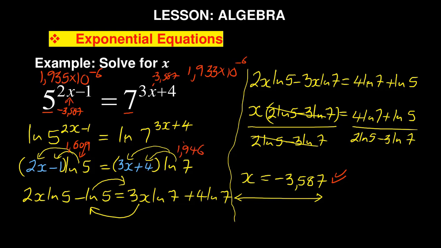So that now when they expand, already they're expanding a number, and then when they expand there, they're expanding a number. So it becomes easier to solve for x because already you would have converted that. So it is another way that you could have used. It's still fine, but at the end of the day, it will take you back to your answer as x is equal to minus 3,587.